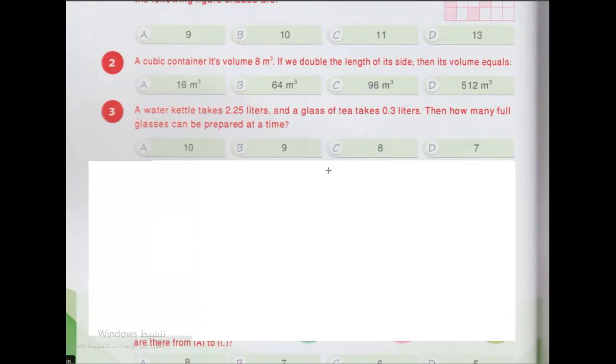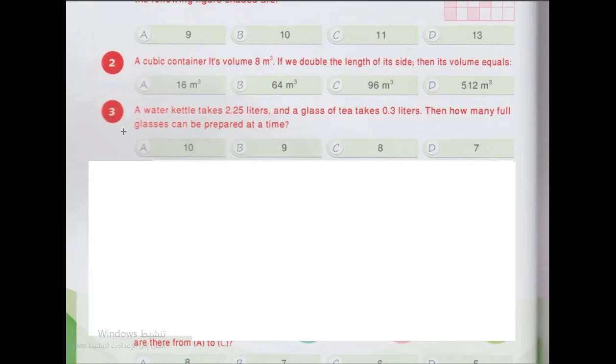Can you hear me, Fatima? Yes. Do you have any idea? No. Okay, I will help you. I want to discuss with you to find the answer. Okay, read please, and help me to read the question slowly.